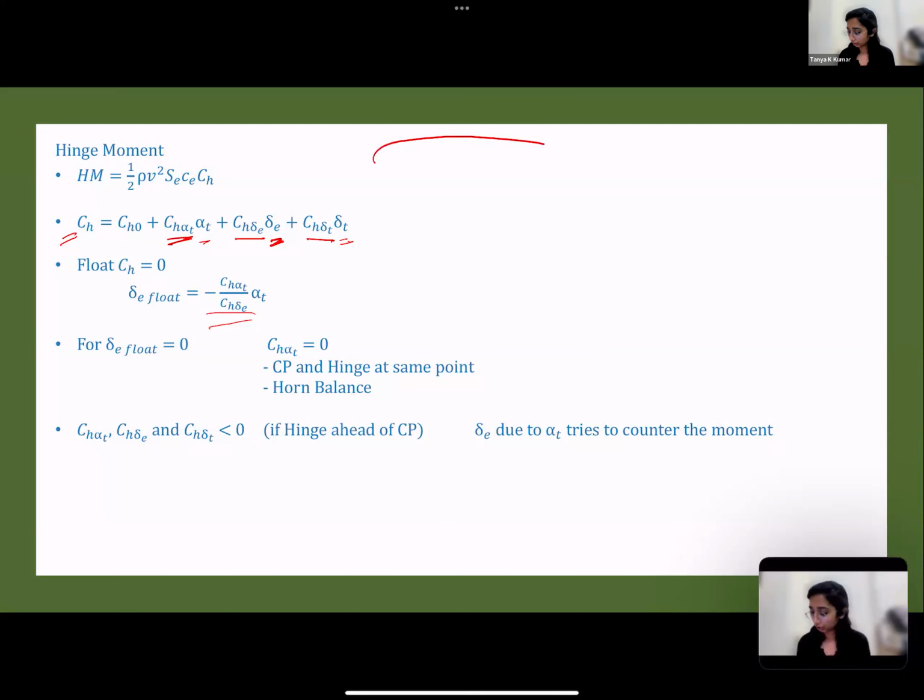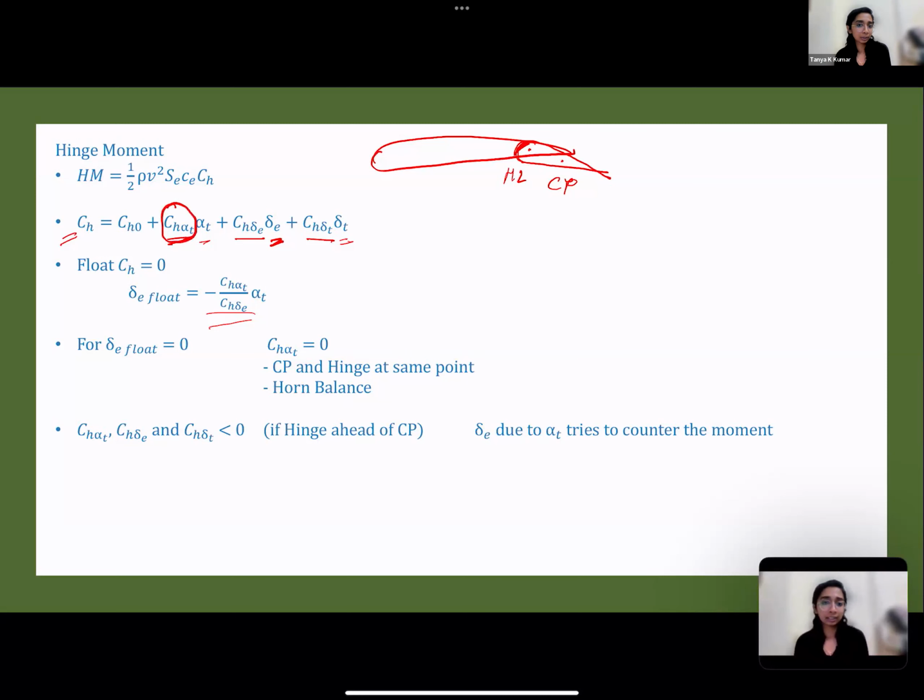I'll just draw this: this is the tail, this is your elevator, and this is your hinge line. This is your center of pressure. Because the forces are generated at the center of pressure and your hinge line is ahead of the CP, that is why you have a hinge moment on the hinge line.